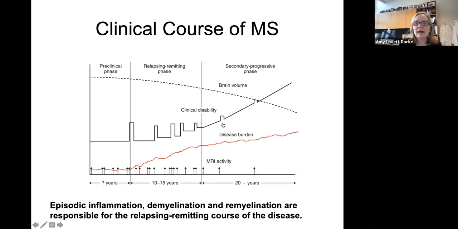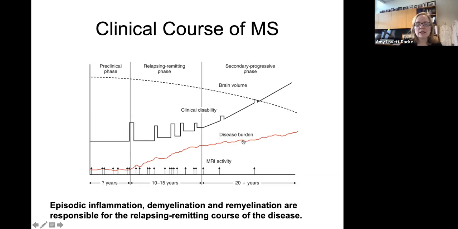The clinical trial in the paper that we're going to talk about deals with patients in this realm. There are a lot of anti-inflammatory or immune modulator medications designed to help patients in the relapsing remitting phase, but very little about what we can do to stop this progressive phase of the disease.